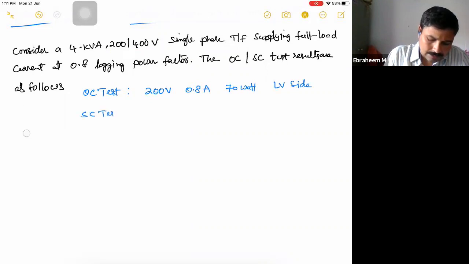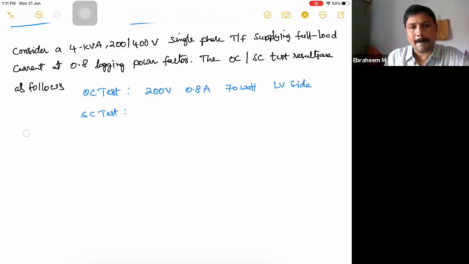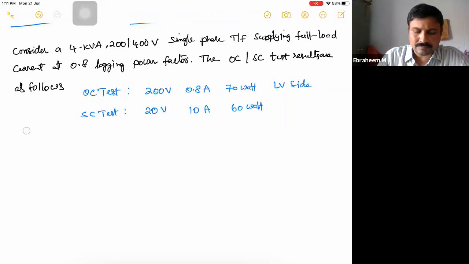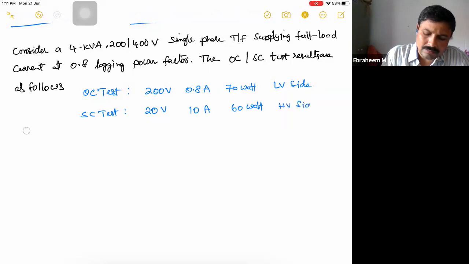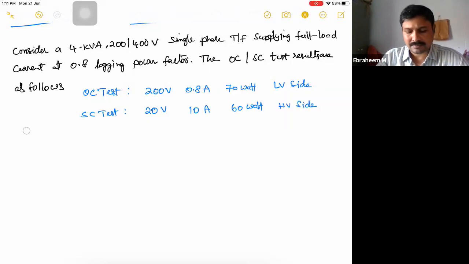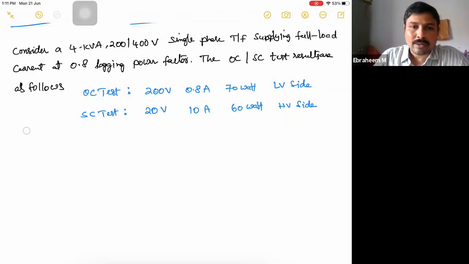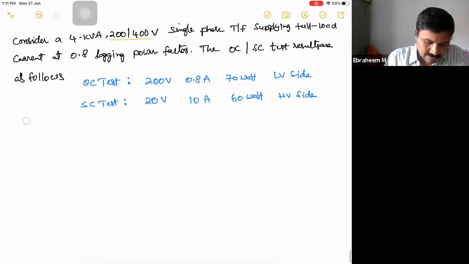Next, SC test: 20 volts, 10 amperes, 60 watt, HV side. So these are the test results. Okay. So what is the question?